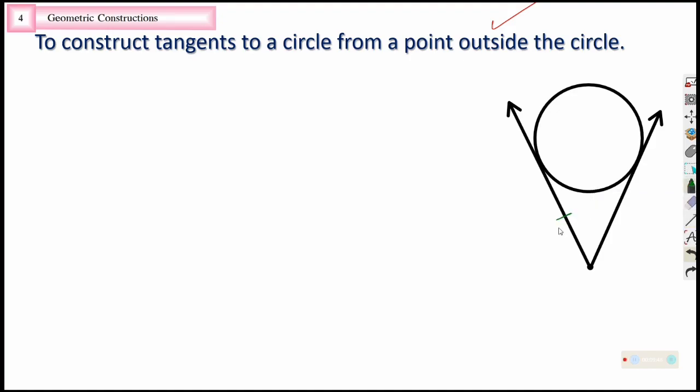That means the tangents are congruent. Understood?